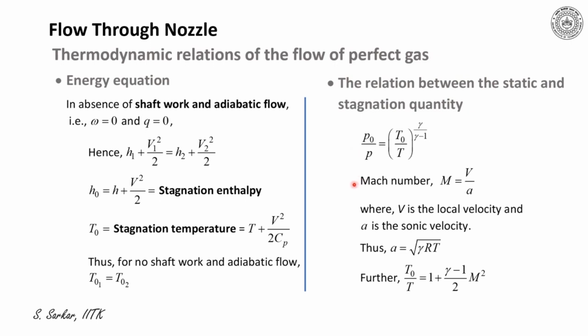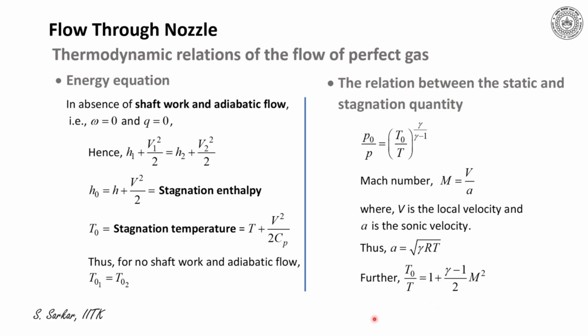The Mach number I can define at a point as M equal to V divided by A. V is the local velocity and A is the local sonic velocity, where A is given by root over gamma RT, and thus I can say T0 by T is equal to 1 plus gamma minus 1 by 2 M squared.